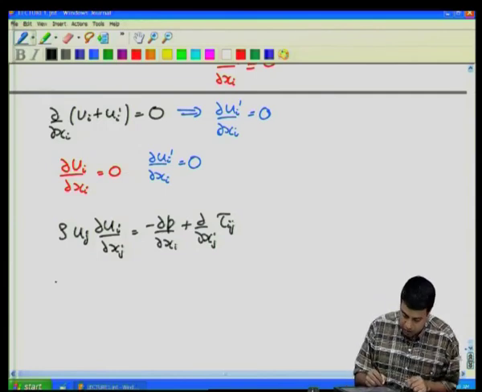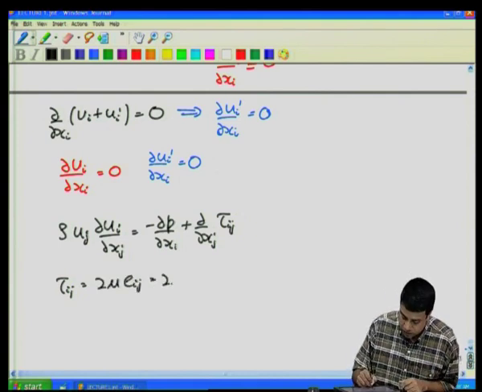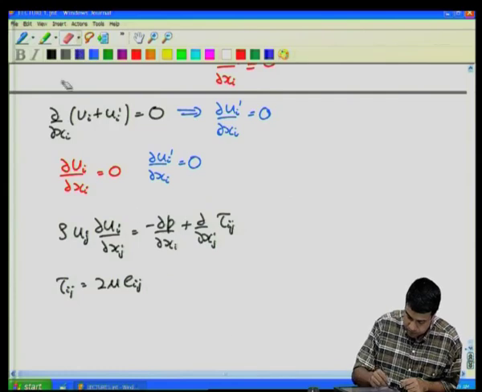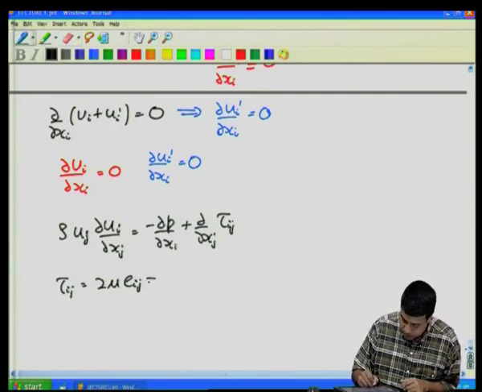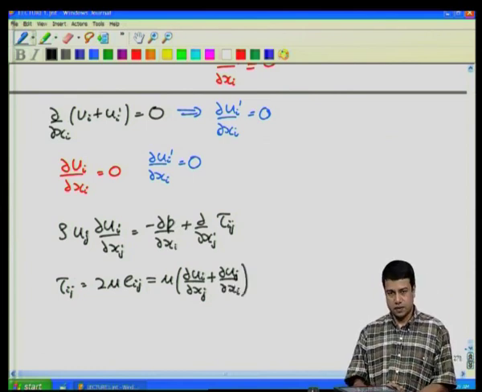Tau_ij is equal to 2 mu times E_ij, so that is the shear stress for an incompressible fluid.